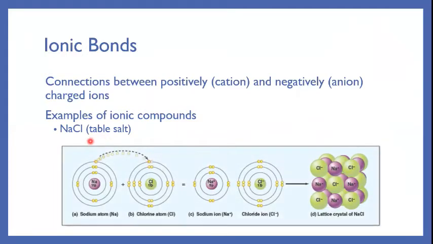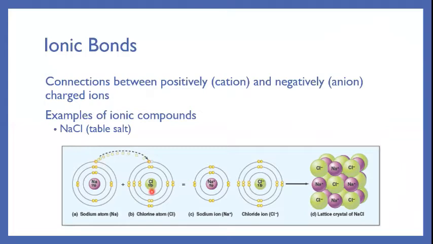Here's an example. Over here, we have our sodium atom. Now, sodium atoms have 11 protons inside of the nucleus, and to balance that, 11 electrons. 1, 2, 3, 4, 5, 6, 7, 8, 9, 10, 11. This gives us a nice neutral charge for our atom.